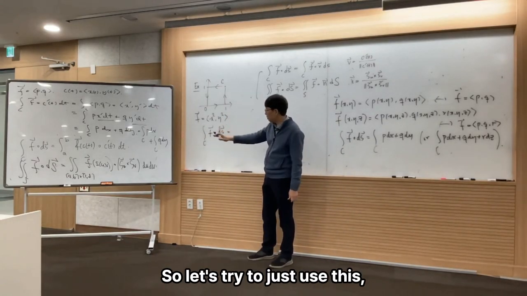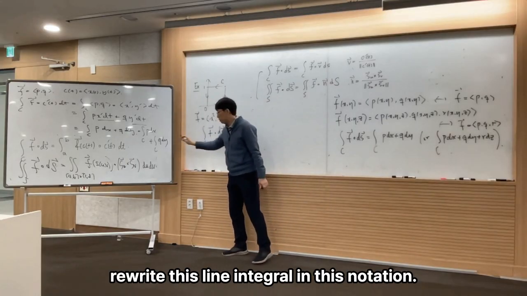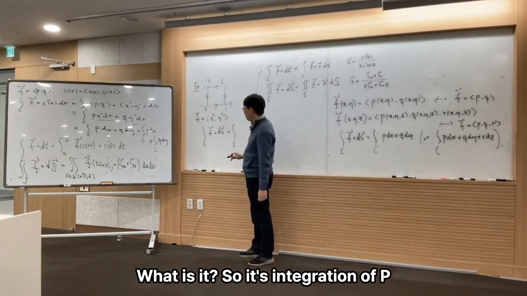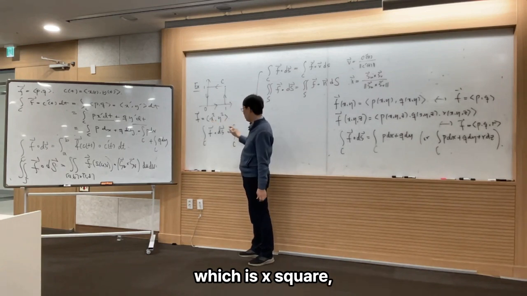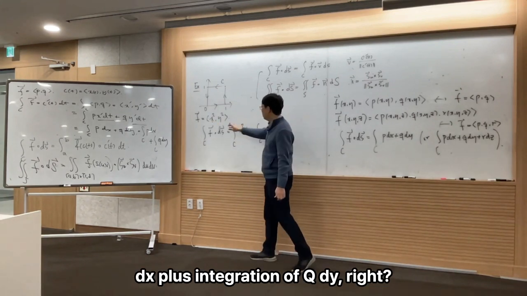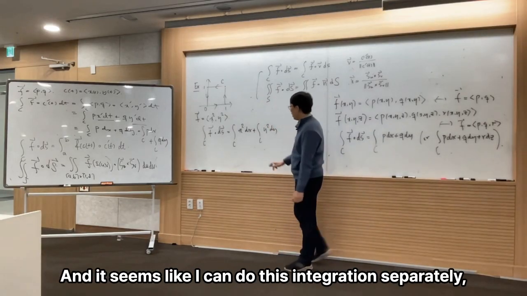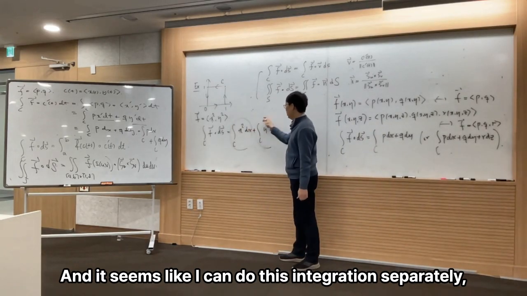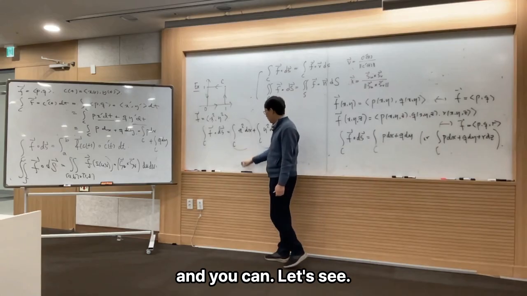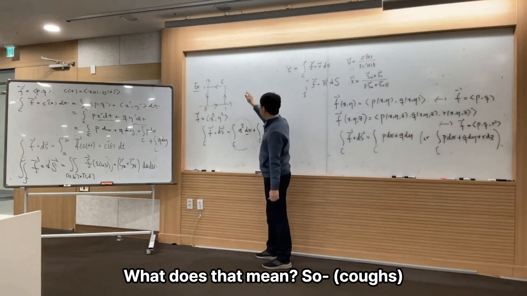Let's try to rewrite this line integral in this notation. It's the integral of P, which is x squared dx, plus the integral of Q dy, right? It seems like I can do this integration separately, and you can. Let's see, what is the integral of x squared dx? What does that mean?